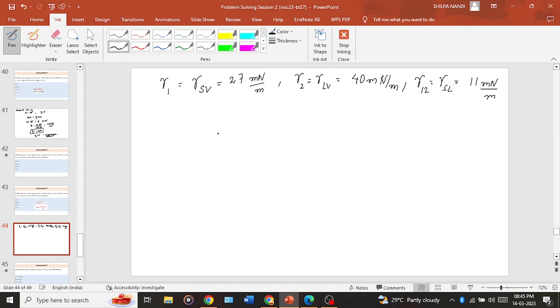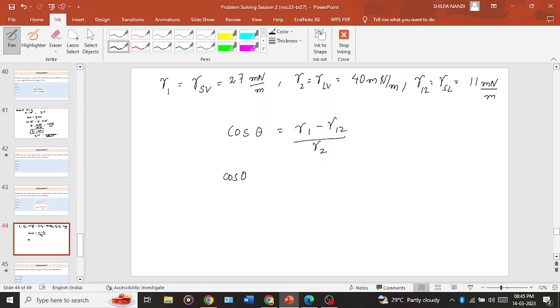You just have to put these values in the Young's equation, that is cos theta is equal to gamma 1 minus gamma 1 2 by gamma 2.